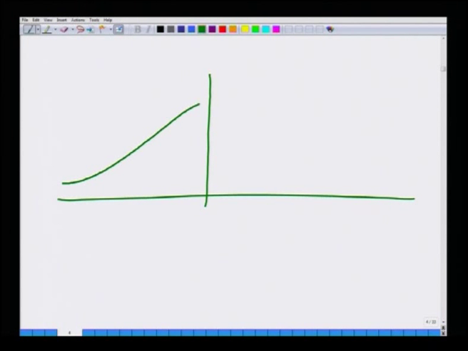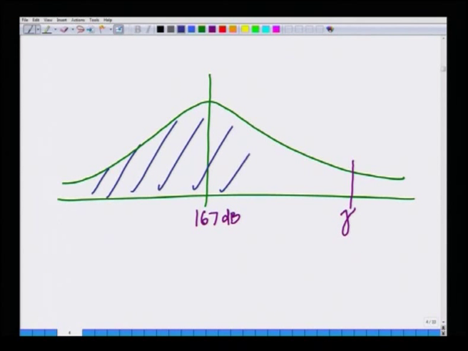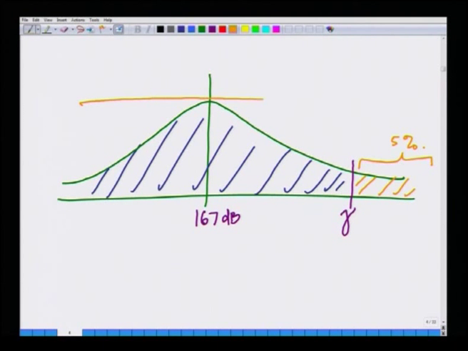We are saying that our distribution looks like this, where the median path loss is 167 dB, and we want to compute this threshold gamma such that most of the time our observed path loss with this probability is less than gamma, and with this small probability it is greater than gamma, and this probability is nothing but 5%, and 95% of the time it is less than this threshold gamma.